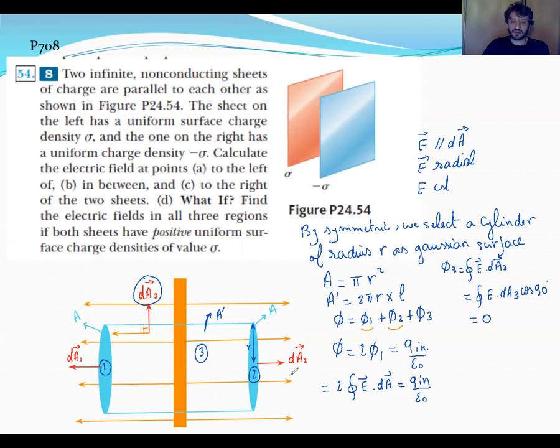On side 1 and side 2, dA and E are in the same direction, so the angle between them equals 0. We can say 2 times the integral of E dA cosine 0 equals Qn divided by epsilon.